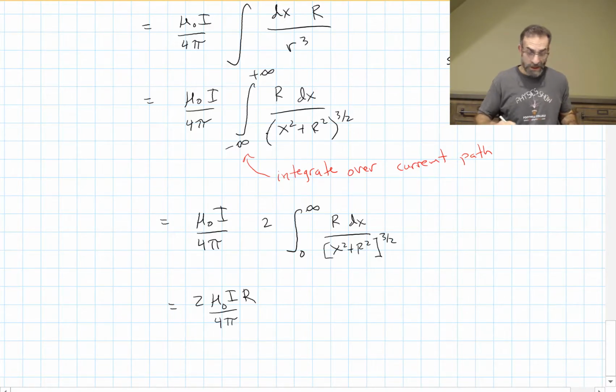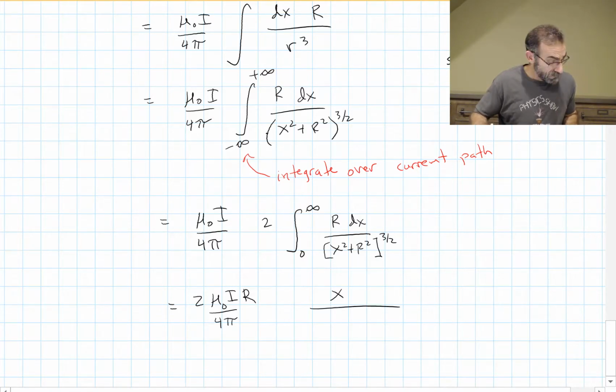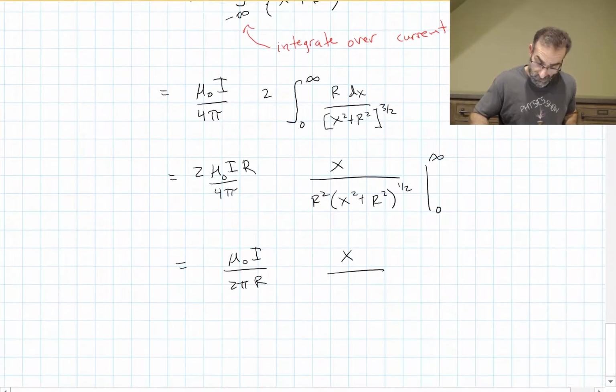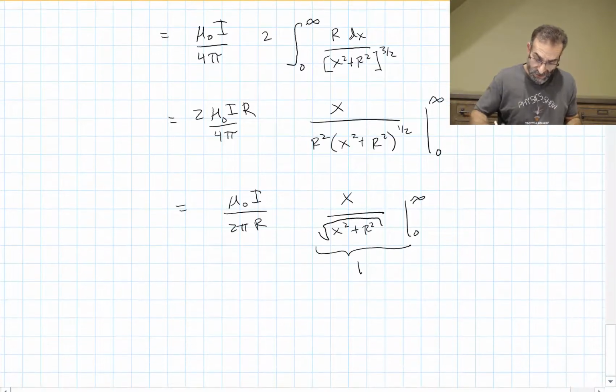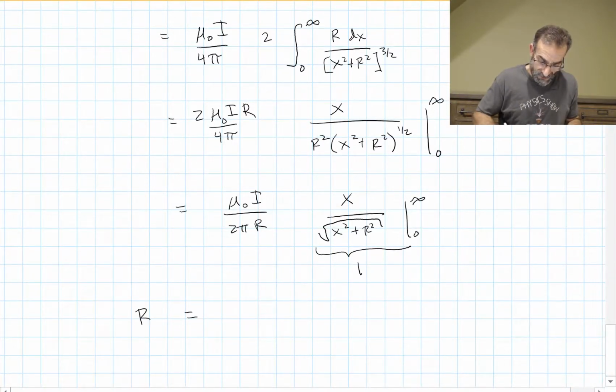R is a constant, it comes out, and I get x over and this is just 1.